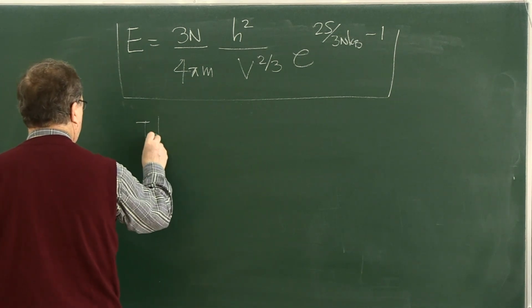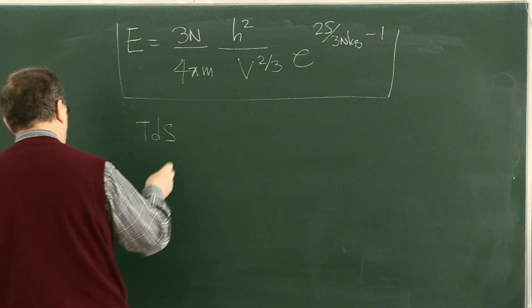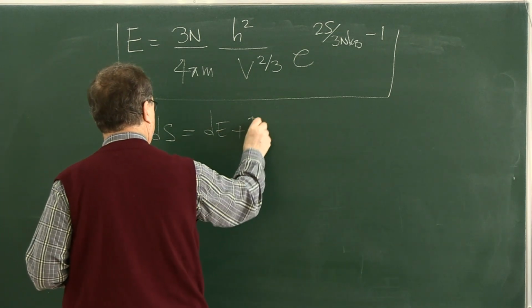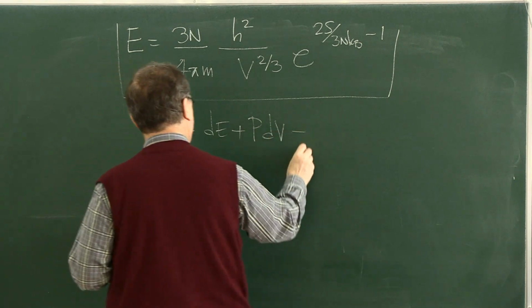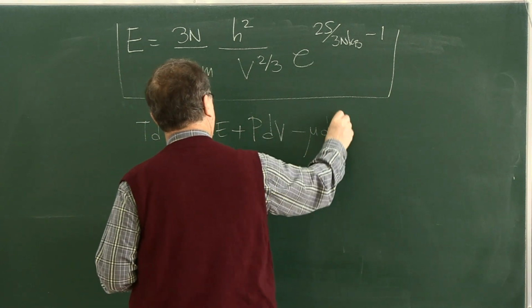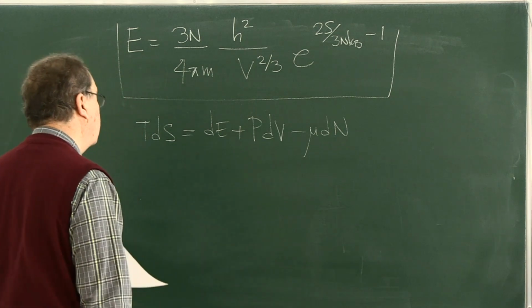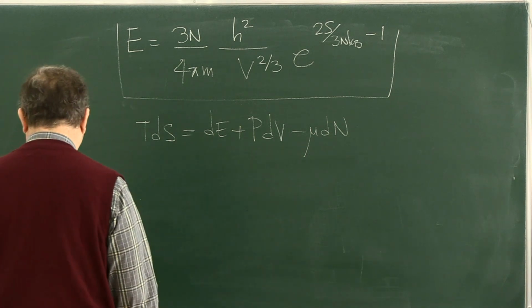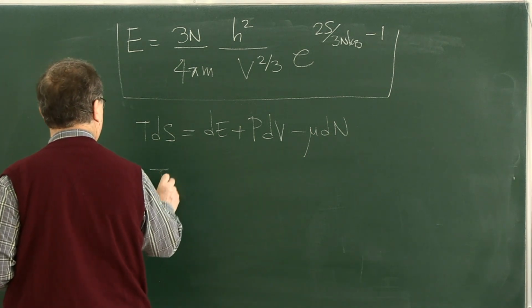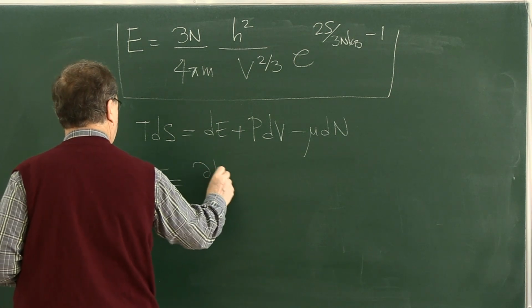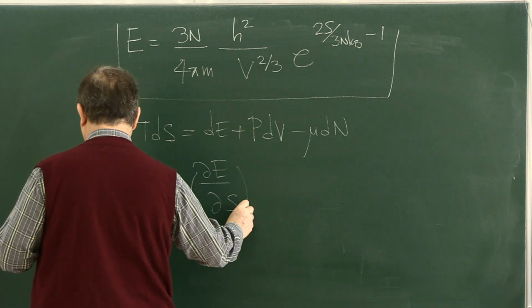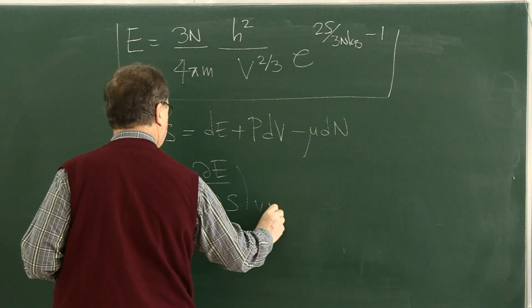The first law and second law combined give us this, isn't it? And that gives me the temperature of the system as dE/dS, keeping V and N constant.